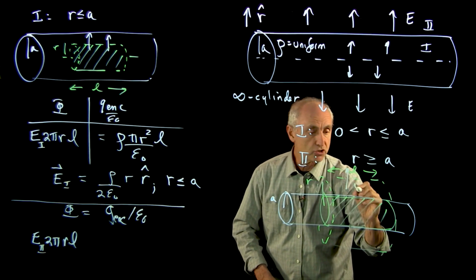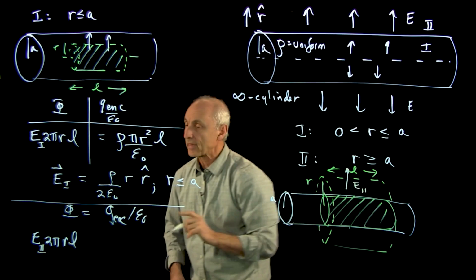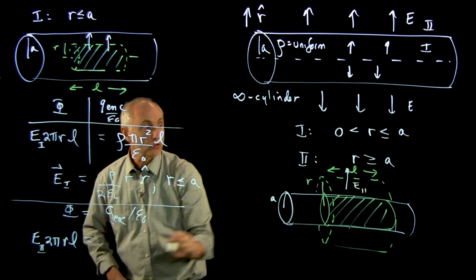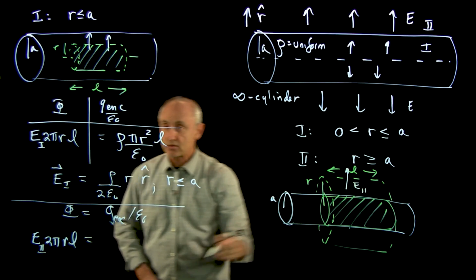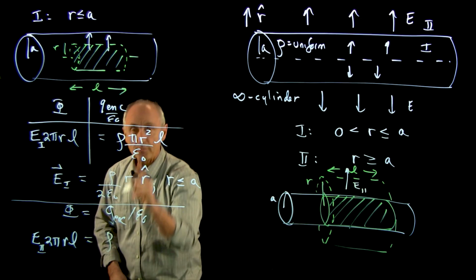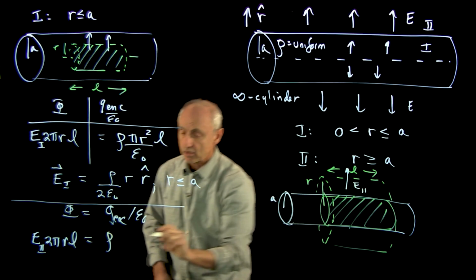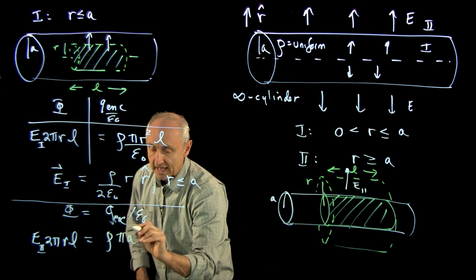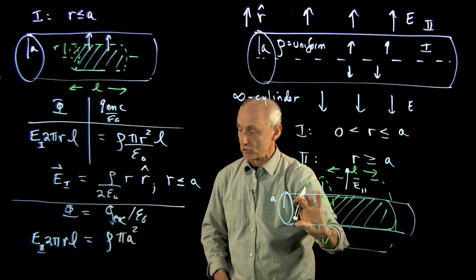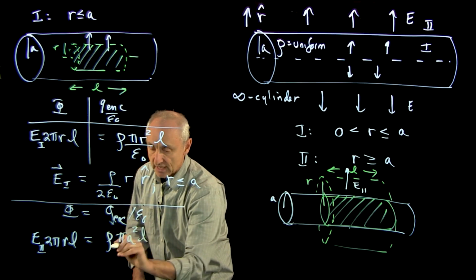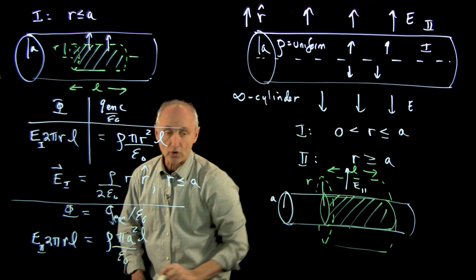The E field in region 2 points out, and the charge enclosed is only this. So instead of pi r squared, it has to be less. It's the cross-sectional area of the actual physical charge distribution, pi a squared times L, over epsilon naught.